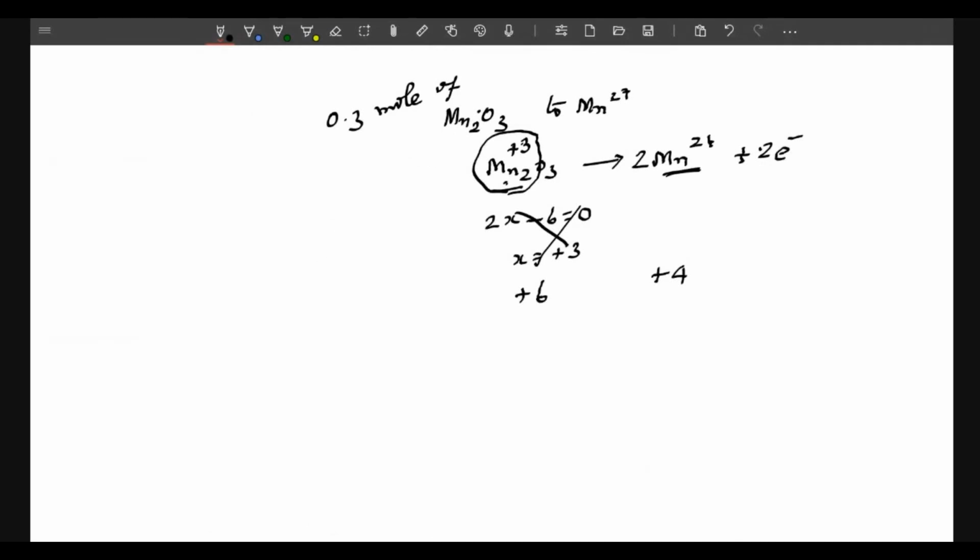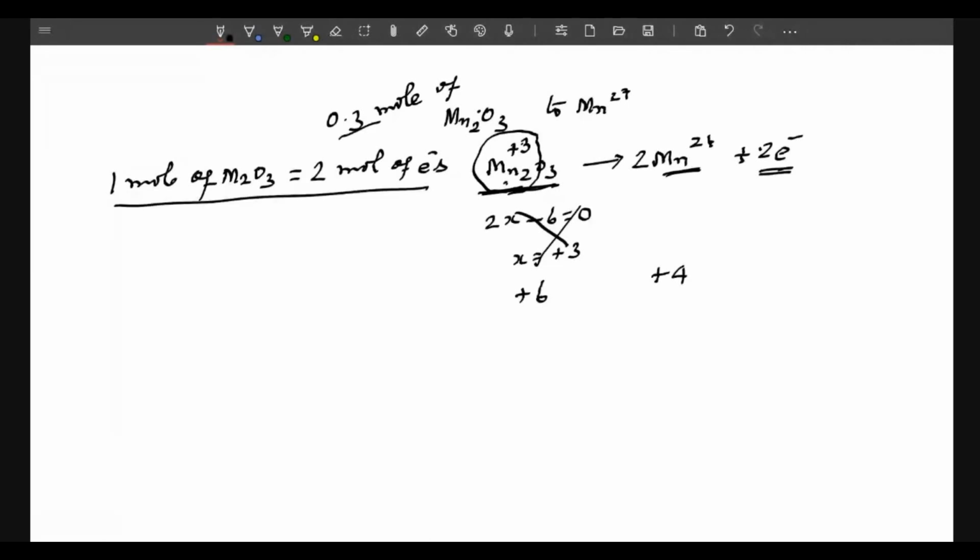2 electrons are involved. If you take 1 mole of the electrolysis of Mn2O3, how many moles of electrons are required? 2 moles of electrons are required. This is the relationship used to establish first.